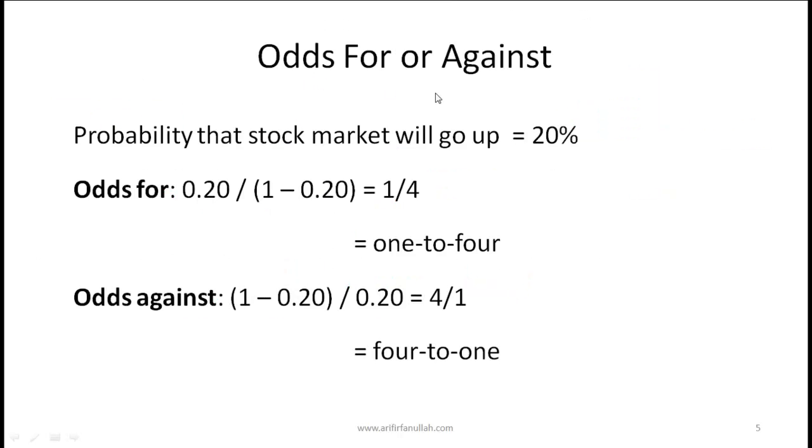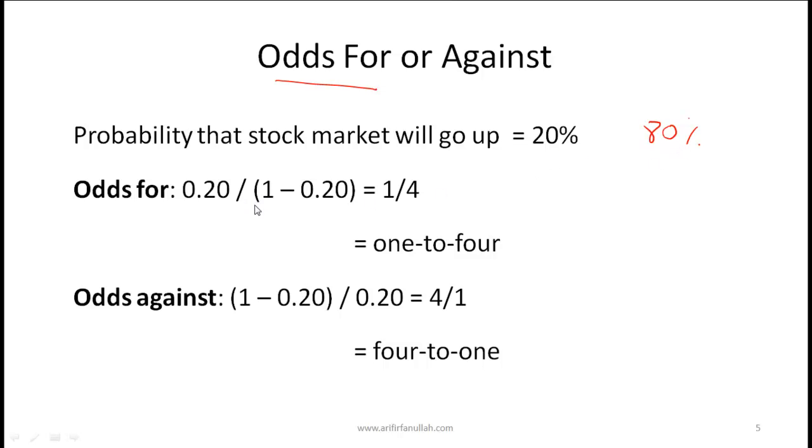Odds for or against are normally associated with gambling, but since this is part of the CFA course, let's just understand the basics and specifically the link between odds and probability. Let's say that the probability that the stock market will go up is 20%. This means that the probability that the stock market will not go up is 80%.